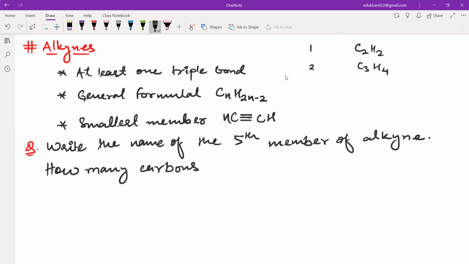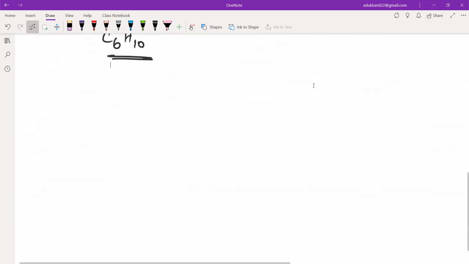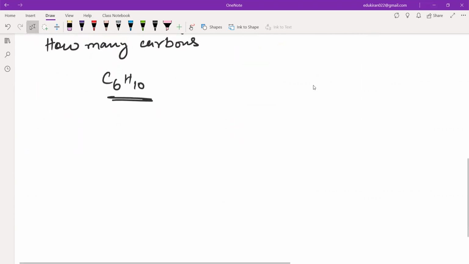The first member has 2 carbons, the second has 3, the third will have 4, the fourth will have 5, and the fifth will have 6 carbons. So the formula will be C6H, how many H? 10. C6H10.